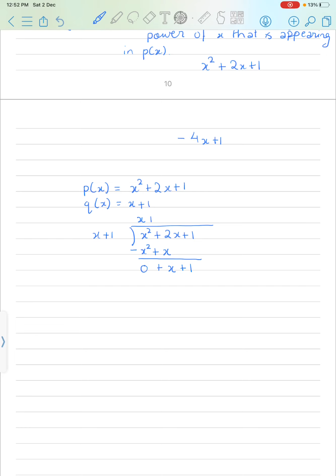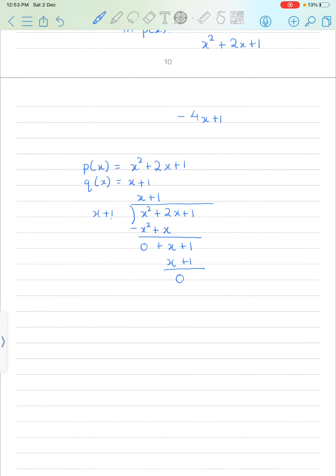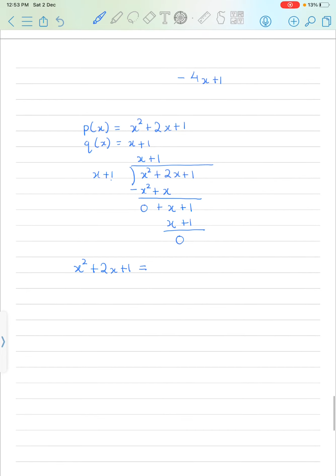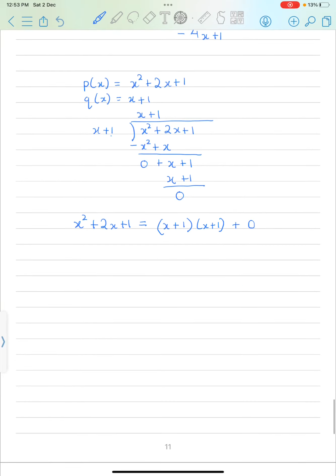Now if you take plus 1, x into 1 will be x, 1 into 1 will be 1, then you subtract again and you will get 0. So now you can write x square plus 2x plus 1 as x plus 1 into x plus 1 plus 0. 0 is the remainder.